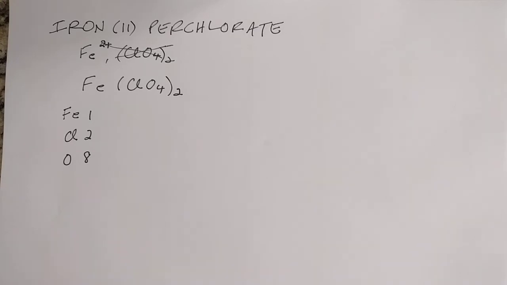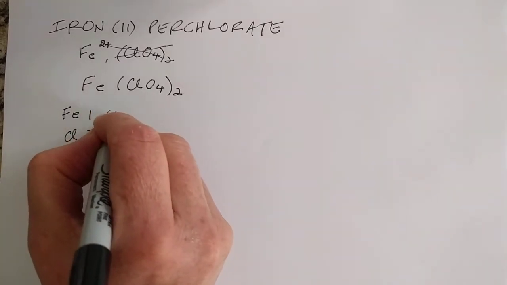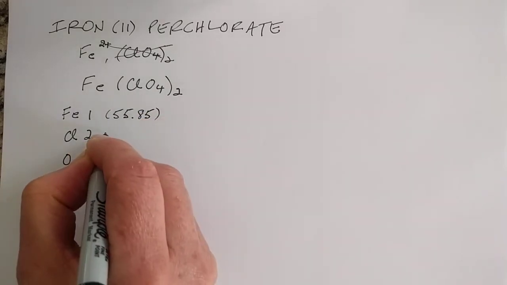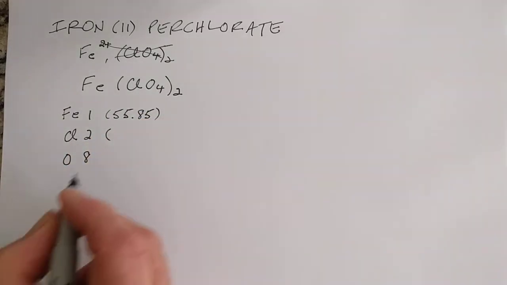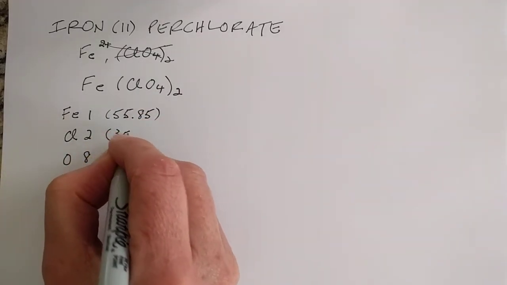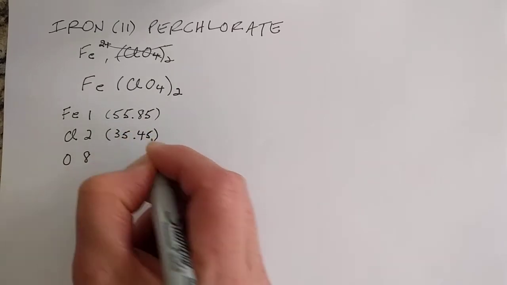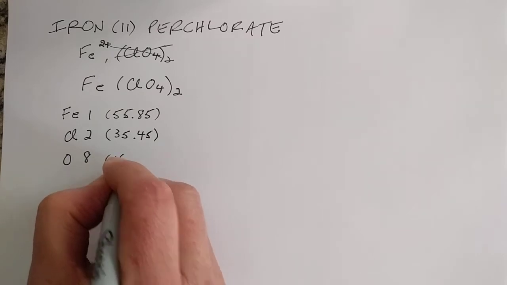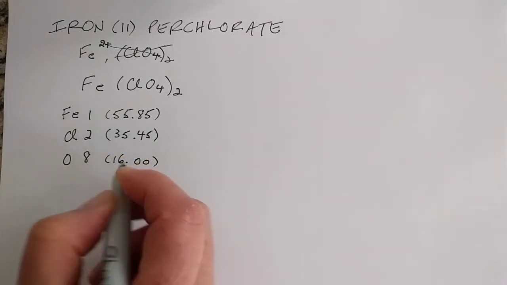So now let's go to our periodic table. So for iron, we have 55.85. For chlorine, 35.45. And for oxygen, we have 16.00.